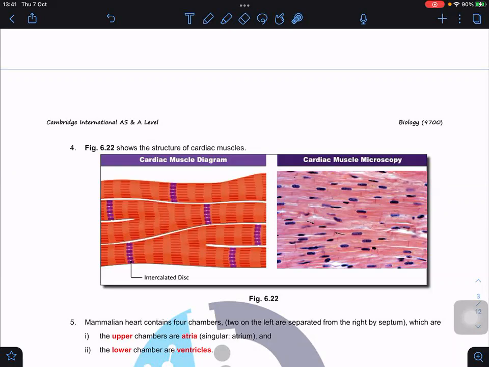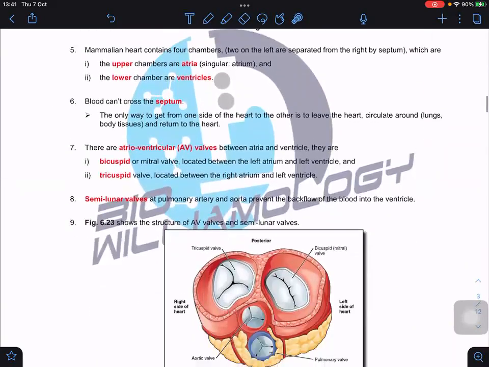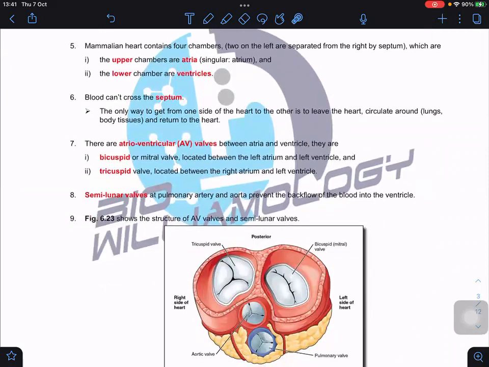Okay, if you zoom into the heart, the mammalian heart consists of 4 chambers. The 2 upper chambers are known as the atrium or atria. The lower chambers are known as the ventricles. For the mammalian heart, we have a very well-organized structure of partitions to separate the ventricles, because we do have the septum.